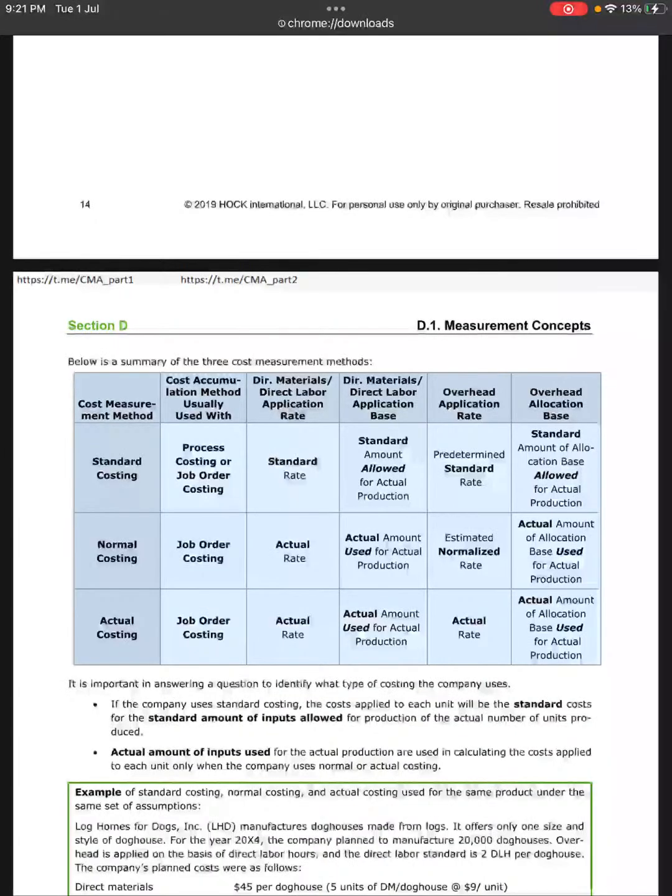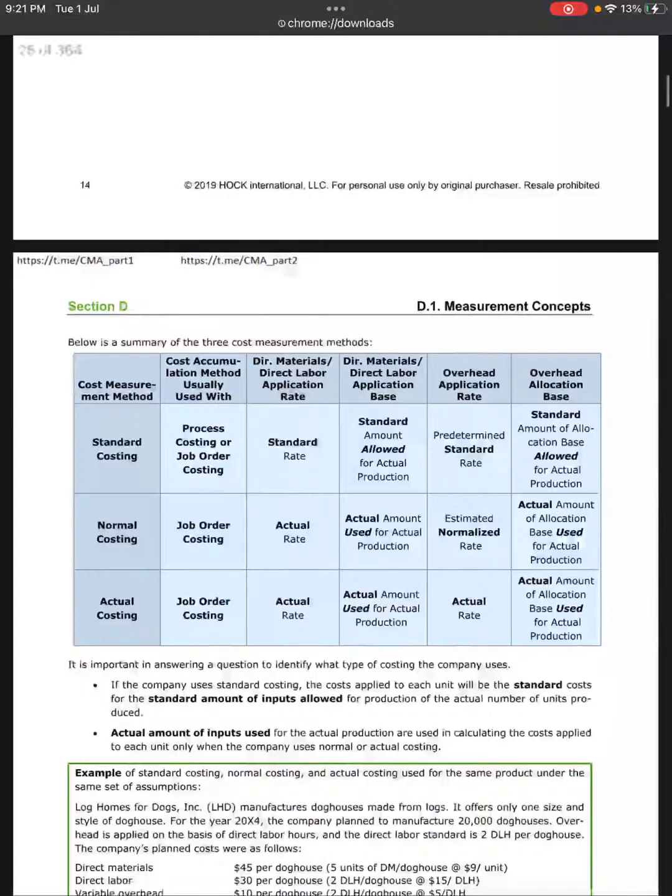Normal costing, job order costing, that is the cost accumulation method, and in normal costing, direct material, direct labor, I already discussed that, actual rate basis, and application base, actual amount used for the production.